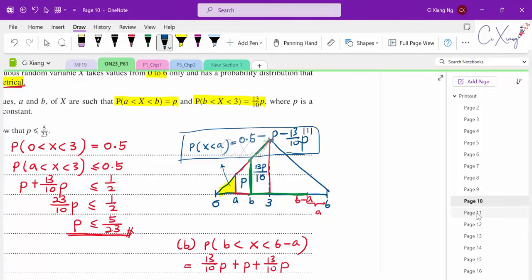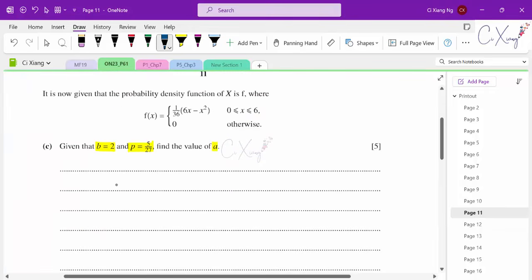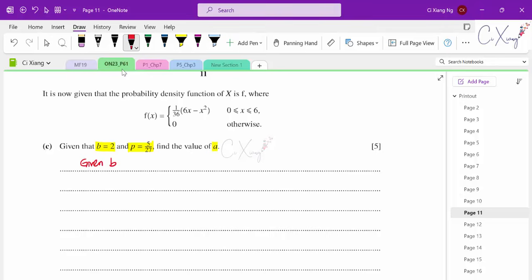Okay, so we go back to part C. Given that B equals 2 and P is 5 over 27, I'm using the equation where the probability of X smaller than A is equal to 0.5 minus P minus 13 over 10P.